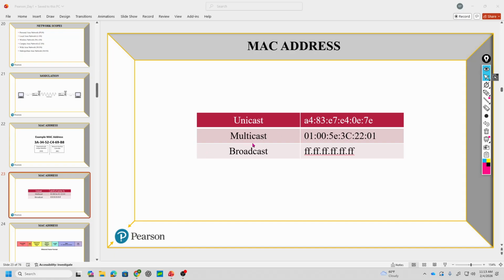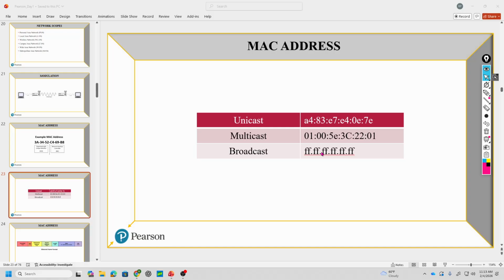Then there are multicast MAC addresses when we're doing multicasting, where, if I was teaching this class live, I would be connected to a platform like Zoom or Teams that would then be sending that signal to whoever was connected on the other end, right? That's multicasting, and it would have a specific MAC address depending upon that provider.